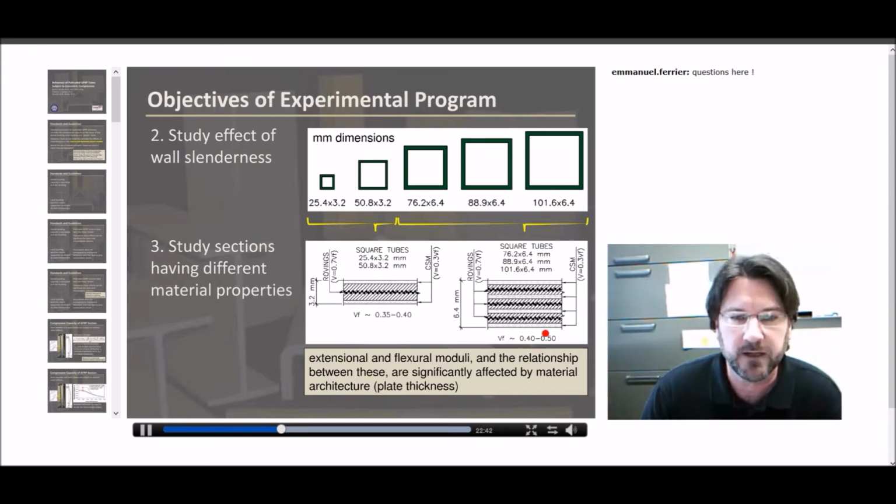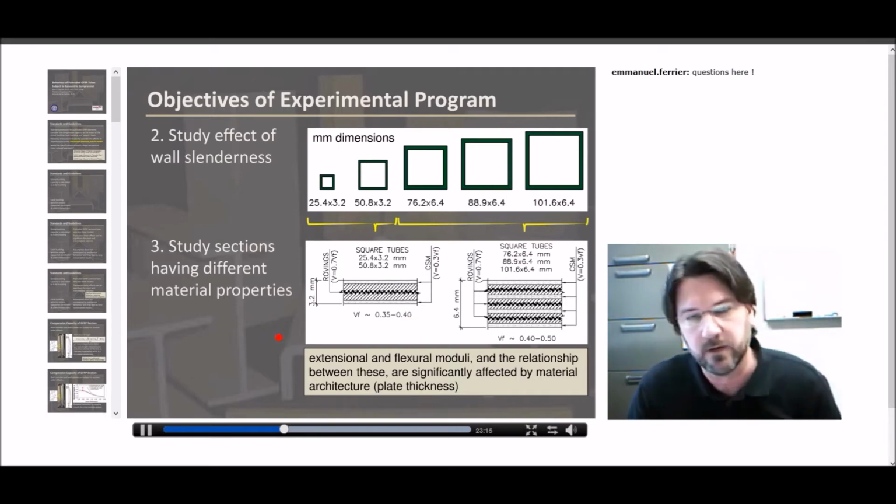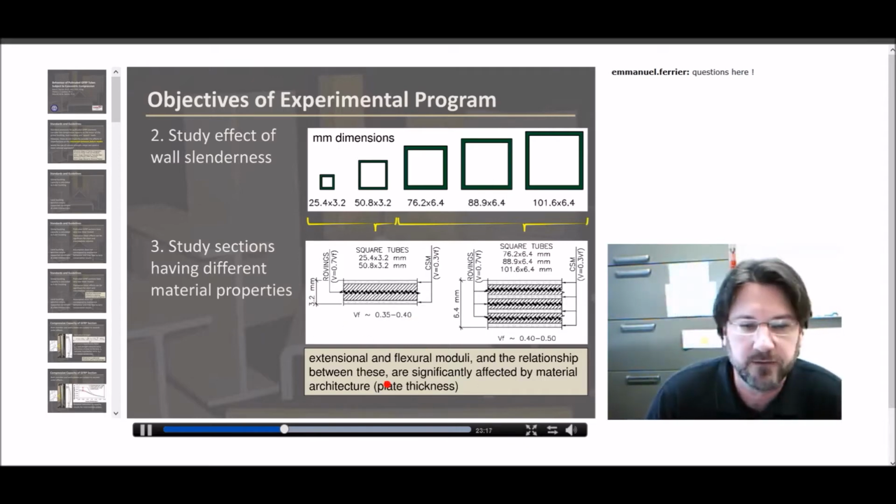It should be fairly clear that the modulus EI, or the moment of inertia I of the 6 millimeter wall shape, is going to be significantly different than that of the 3 millimeter wall shape. And more importantly, the relationship between these two moduli is very important when we talk about this buckling interaction. Very clearly, while EA may be very similar in these two, EI is very, very different. And so that relationship is different, and that is going to be critical and is going to be a function of the pultrusion itself and the architecture.